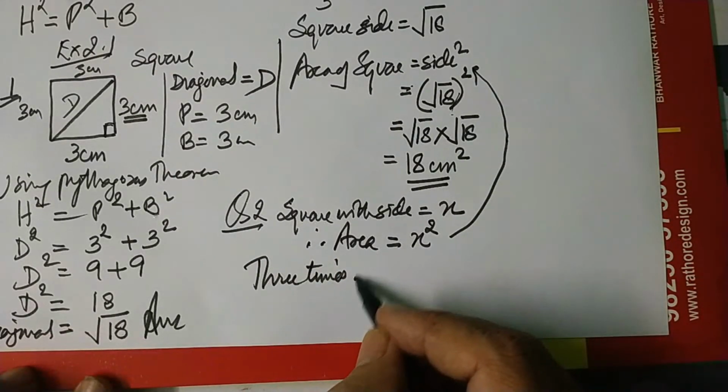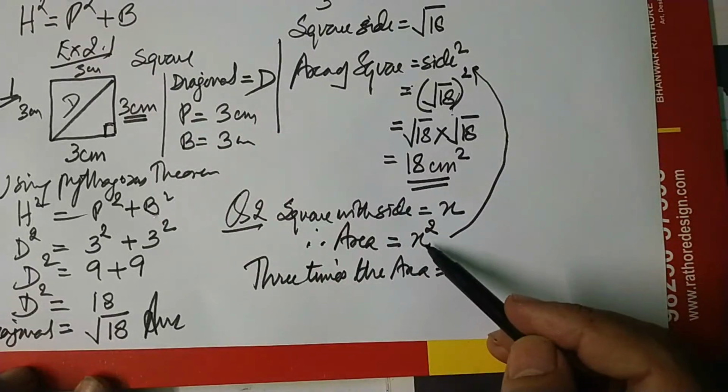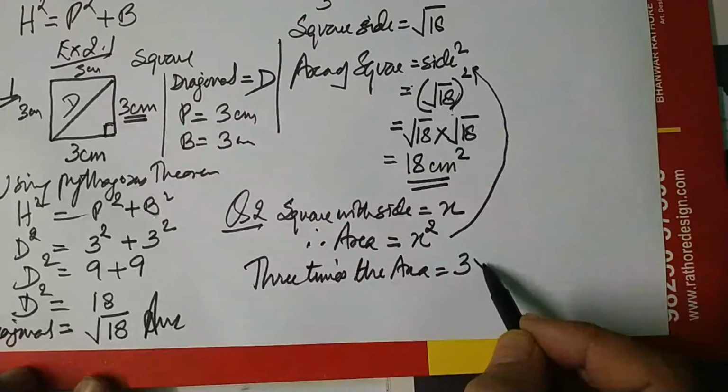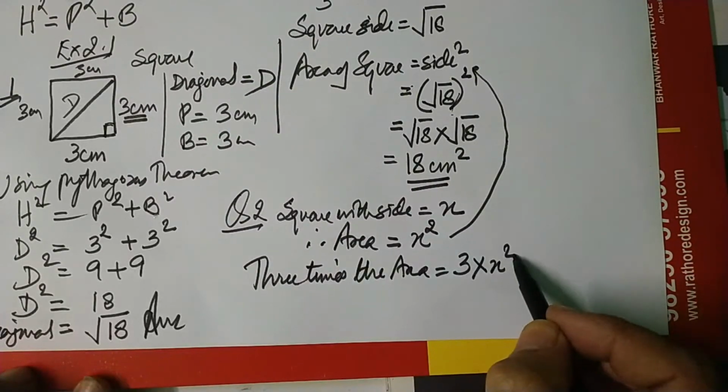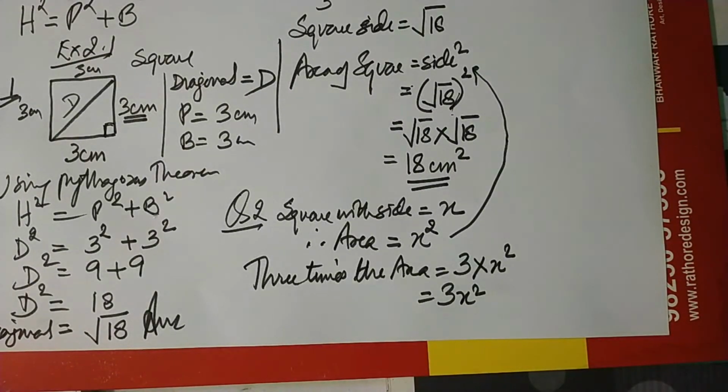3 times the area. It will become 3 times, means 3 into x square. It will be 3x square. This is 3 times the area. Why or why not? Can you use this method to make a square with 3 times the area?